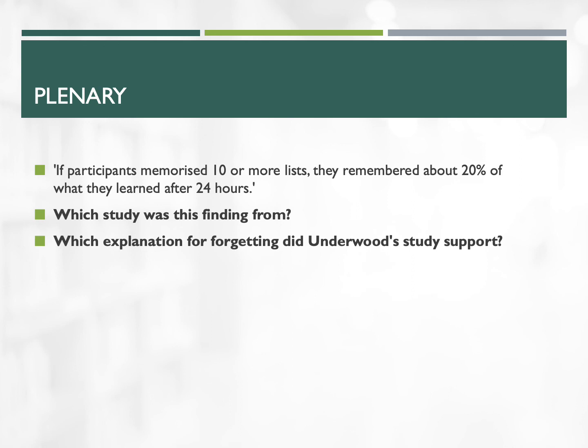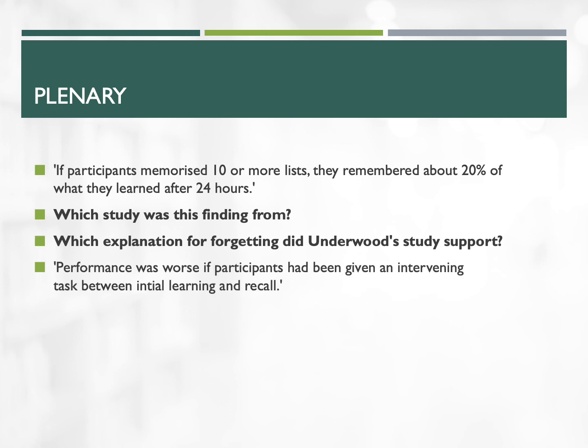And you should have written proactive interference, because the past learning of the word lists interfered with new learning of the word lists. Performance was worse if participants had been given an intervening task between initial learning and recall. Which study was this finding from? You should have put Muller and Pilzecker.